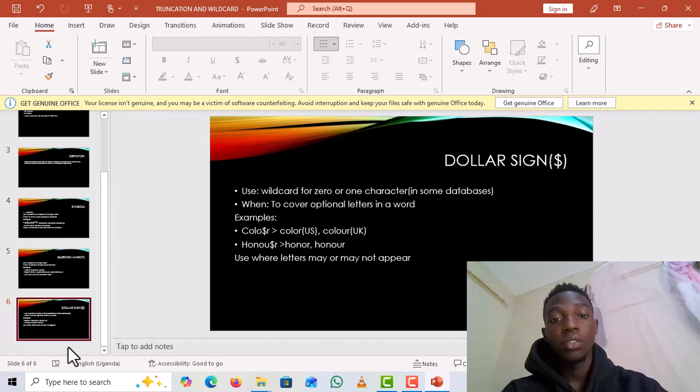Honor: in USA, there is no U, but in UK there is U. So instead of searching improperly, writing U or O when you don't know the actual spelling, you just put a dollar sign in place of the optional letter.